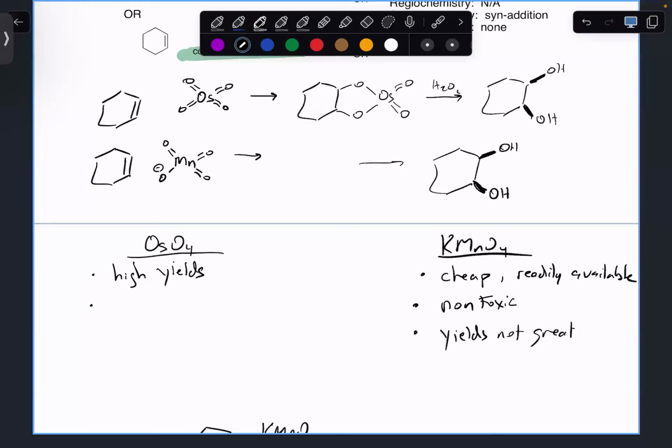Its drawbacks, however, are that it is very expensive. And perhaps even more so, it is really toxic. Like you have to handle it carefully or you'll die kind of toxic. But if you're just doing paper chemistry, who cares? You don't have to be bothered by things like toxicity if you're just writing out a synthesis.